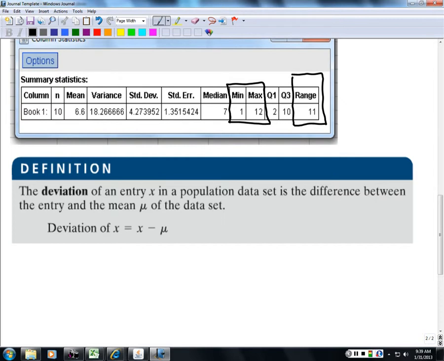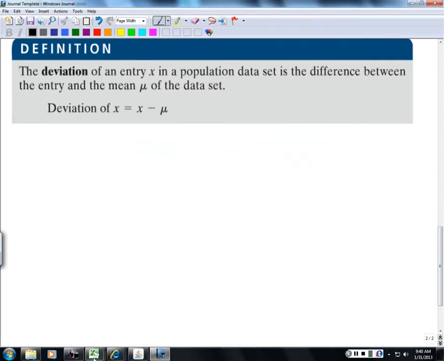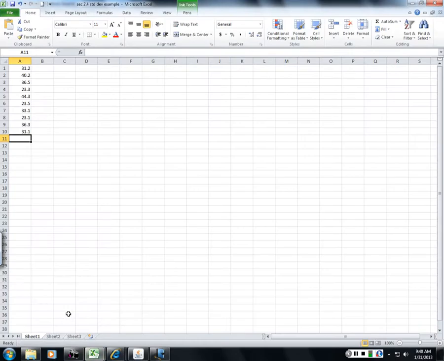So your deviation of X is equal to X minus mu. What does that really mean? Well, I'll come right back to that, so don't get all stressed out.